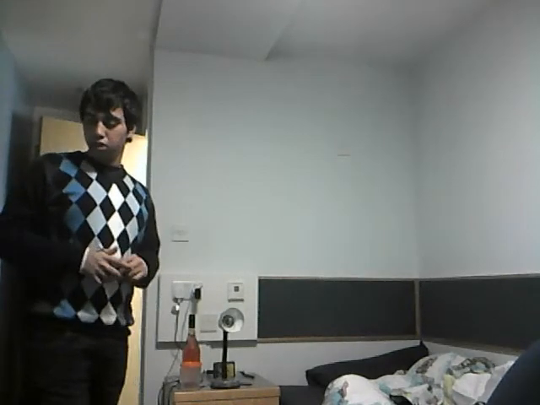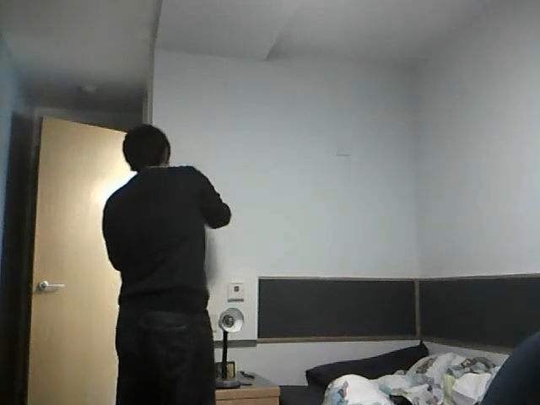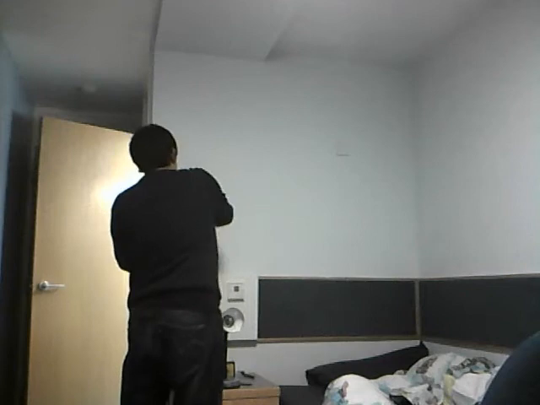Now we know what slope is equal to, and from this graph, which I've drawn here, slope will be equal to dy by dx. So dy by dx is the slope, and this slope, which I've written here as dy by dx, is what we call the differential of y with respect to x.